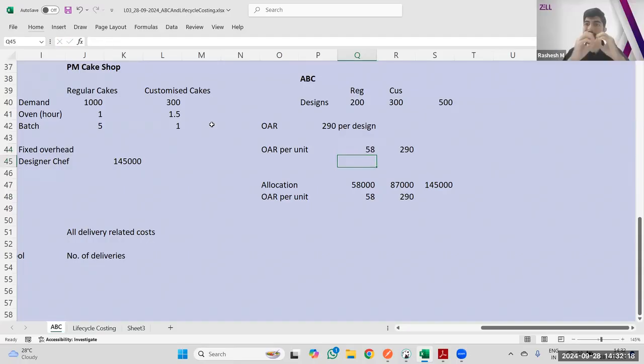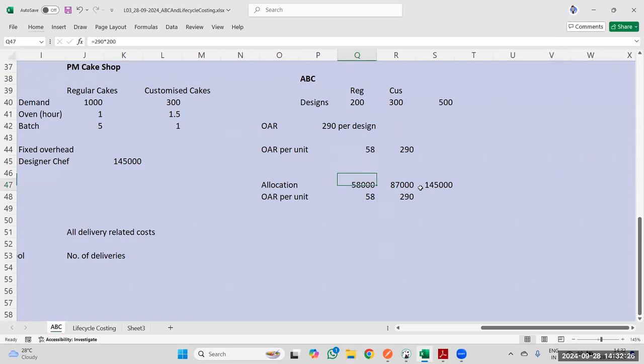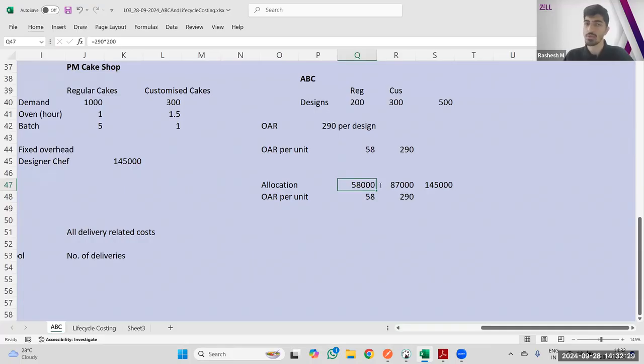So that cost of 290 gets split between 5 cakes. Okay, sir. Make sense? Yeah. And then another way, if you want to do it, you can do it by simply saying, okay, 290 per design, 200 such designs are being made. So 58,000 rupees it costs me for regular cakes. Okay, sir. Make sense?